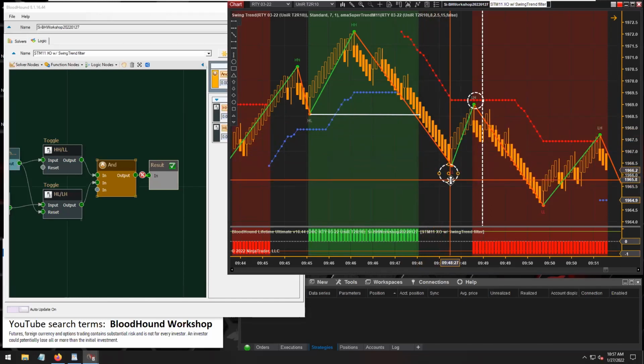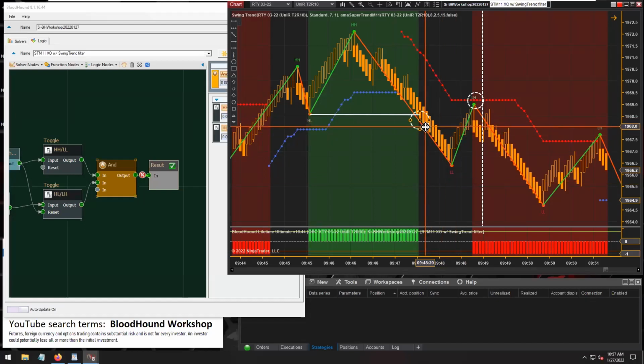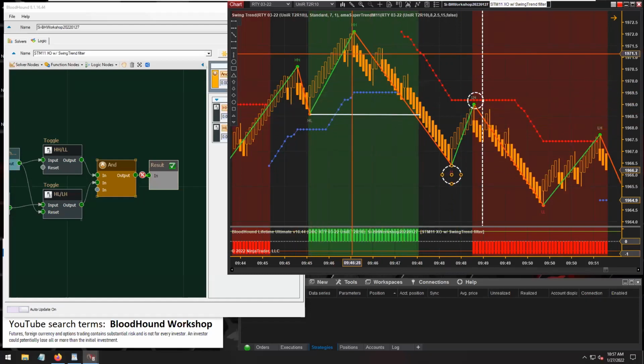So we can see here I've got this circled. This lower low starts developing way back here, once the previous low point is broken. And so obviously this long trend is over with.